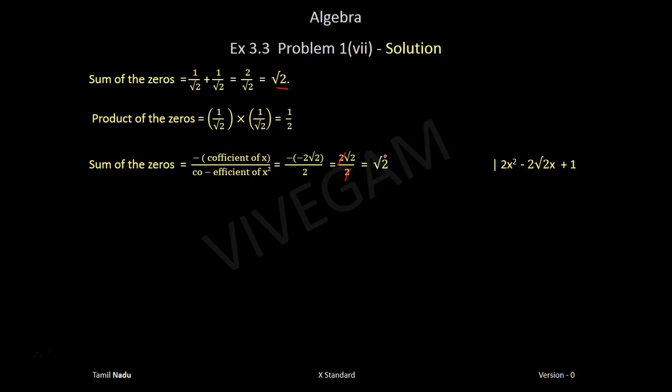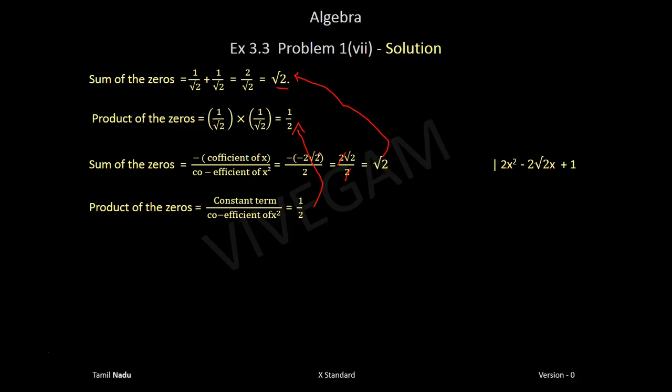You can see we are getting the sum of the zeros as root 2 by the expression, and by our calculation we are getting root 2. So both are right. Next we check the product of the zeros, which is given by the constant term divided by the coefficient of x square. The constant term is 1 and the coefficient of x square is 2, so it is half, the same as obtained here.